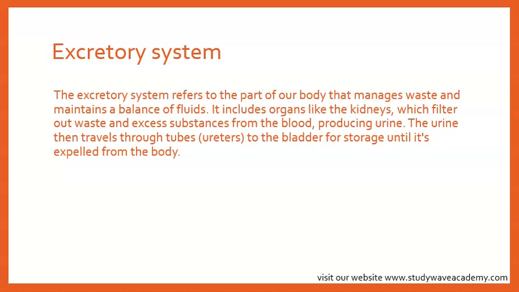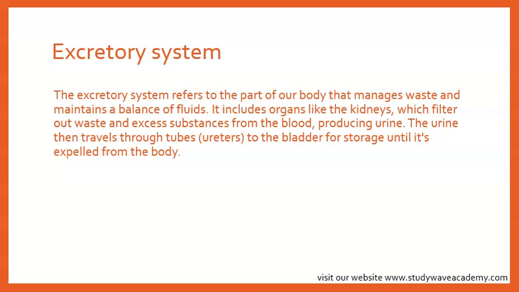The urine then travels through tubes to the bladder for storage until it's expelled from the body. The excretory system is all about removing waste from our bodies. It's like a garbage disposal system, but for our internal environment.